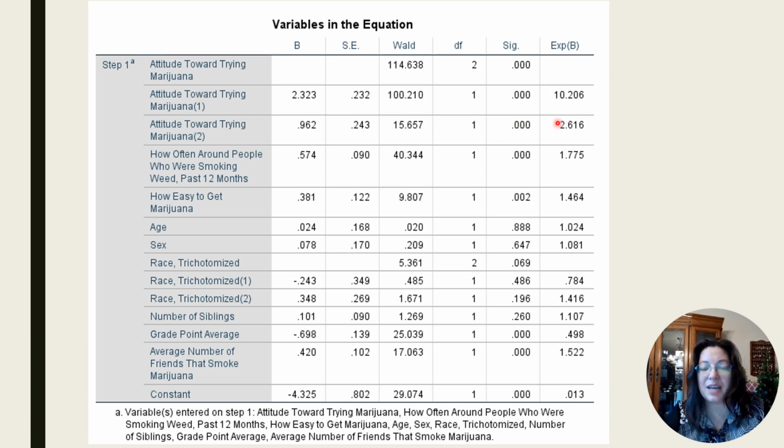So those with the positive attitudes towards trying marijuana are 10 times more likely to try it than those who have a negative attitude towards trying marijuana, versus, say, average number of friends that smoke marijuana. The higher the number of friends that smoke marijuana you have, your risk only increases by a factor of 1.5, which is a lot smaller than the factor of 10 as for your attitudes.